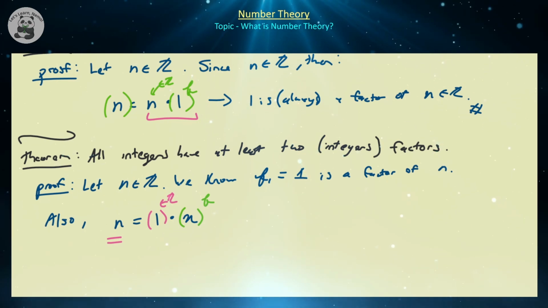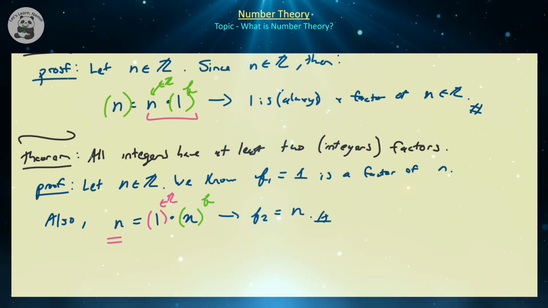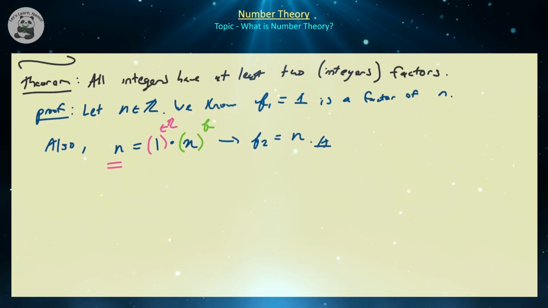Since 1 is indeed an integer, the first and least positive natural number, the second factor of n can always be n. So we have one factor of 1, another factor of n, and possibly some others. You may even be curious to show that 1 is the least positive factor of every integer n, and n is always the largest positive factor of n, which is actually quite useful to know as well.